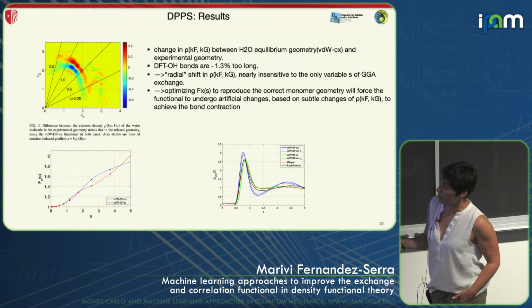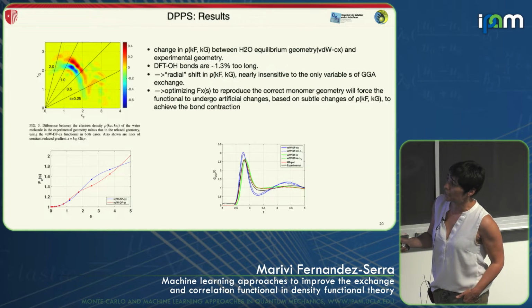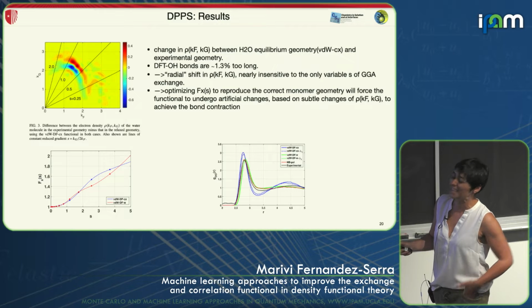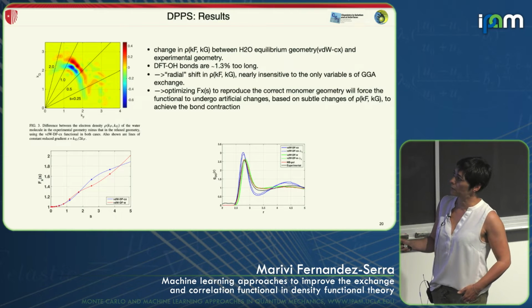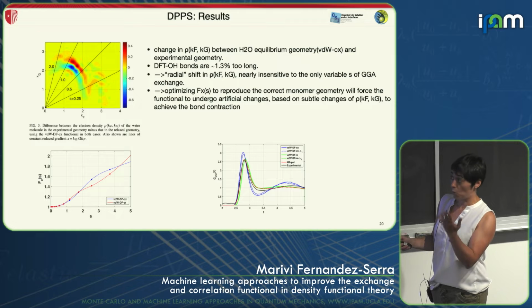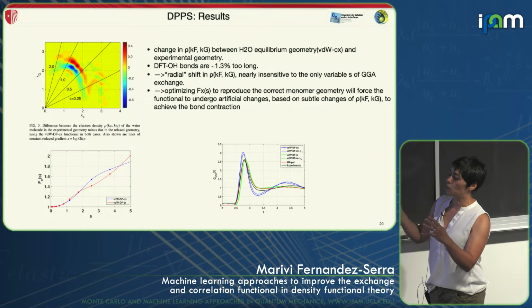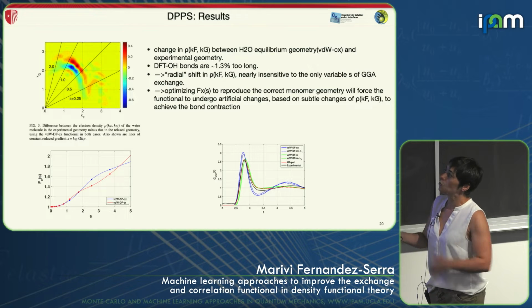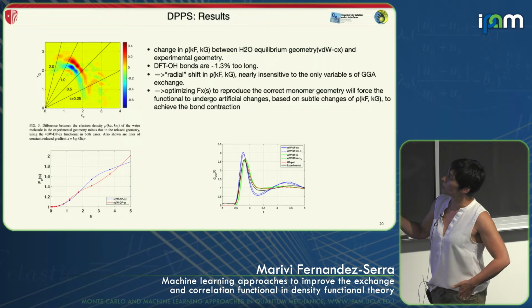Again, this is very similar. This is not a density in this parameter space, but a change of density in this parameter space for a water monomer as it goes from the experimental geometry to the underlying method geometry. In this case, it was with van der Waals CX.